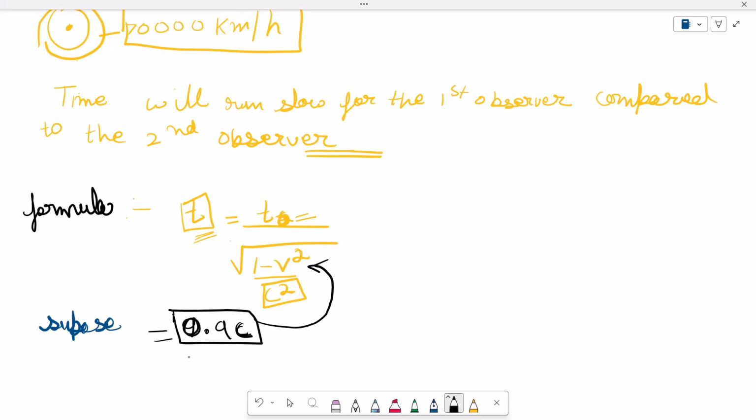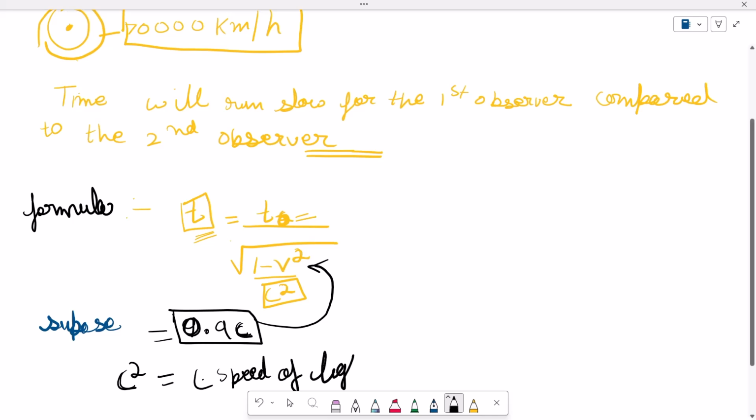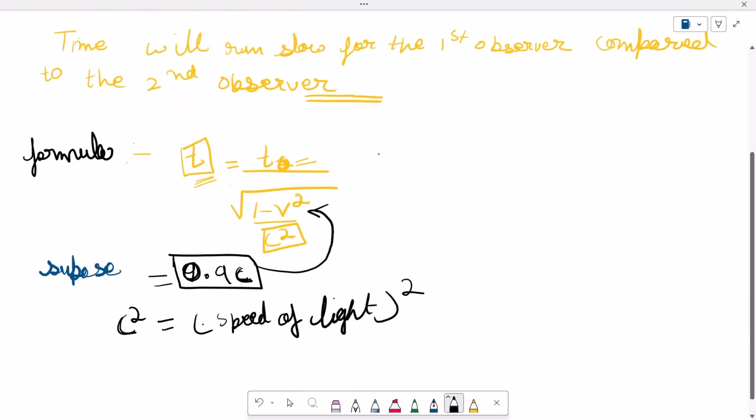And what is c squared? c squared equals the square of the speed of light. Let's solve this formula now.